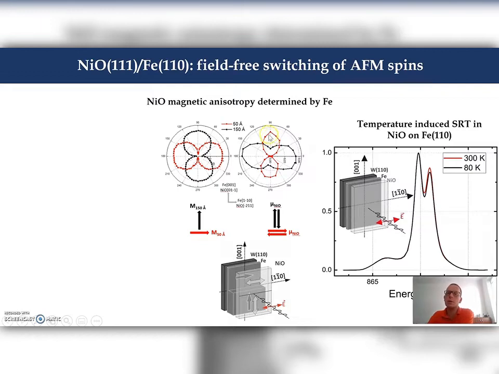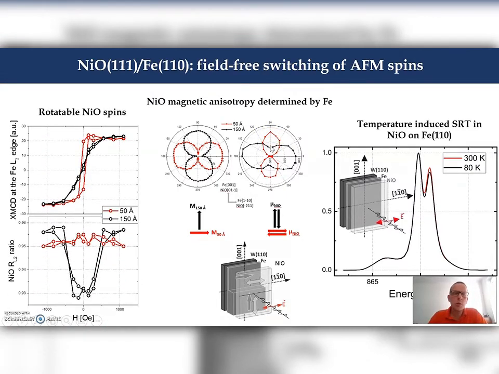angle-dependent XMLD technique. And another question: what happens when we apply a small external magnetic field? So we used XMCD to be sensitive to the ferromagnet, and XMLD again to be sensitive to the orientation of antiferromagnetic moments. Let's now focus only on this black curve at the bottom.